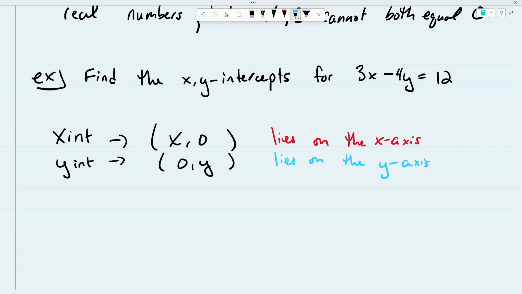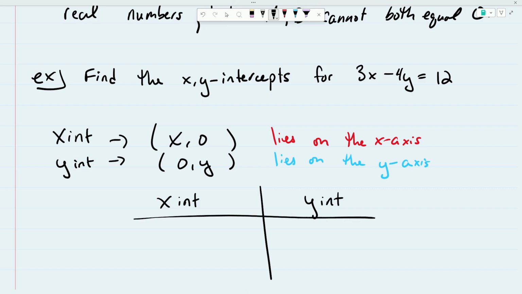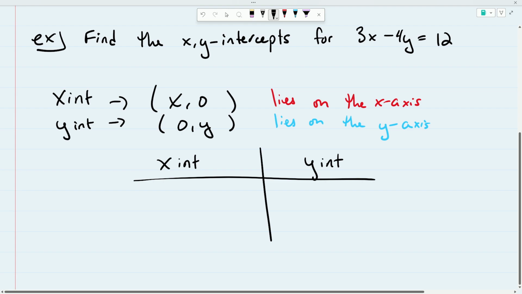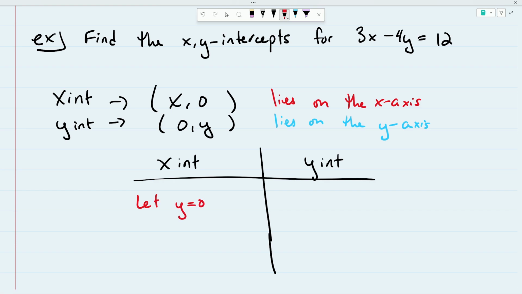And once you find those 2 points, you could just connect them with a line, and bingo, now you have not only your intercepts, but you have your line as well. So let's go ahead and finish this here. I like to do a little table like this. I'll put x-intercept, y-intercept, so it looks like a little table with 2 columns. And at the very top, I'm going to say let y equal 0, because remember, at an x-intercept, you were on the x-axis.